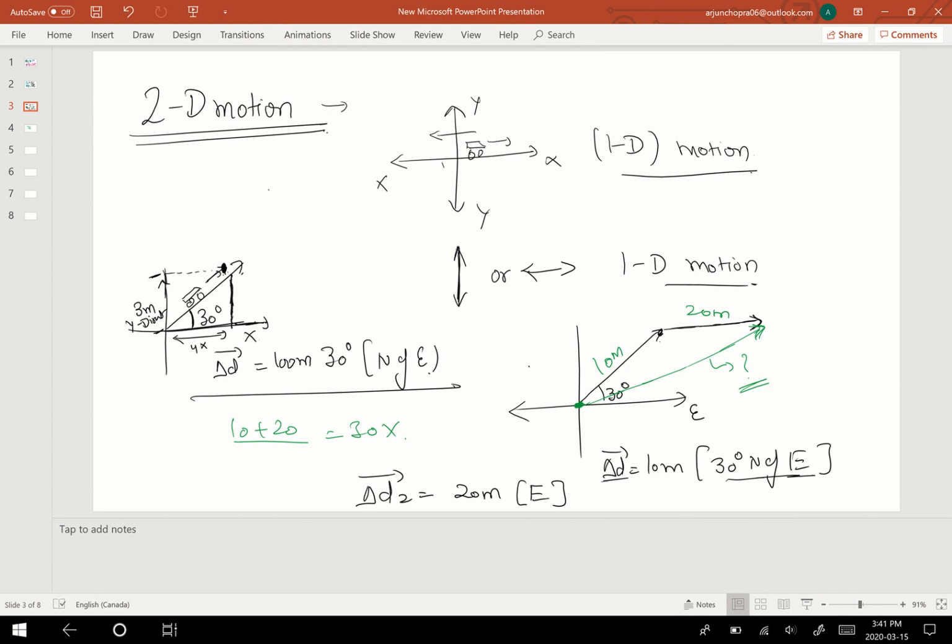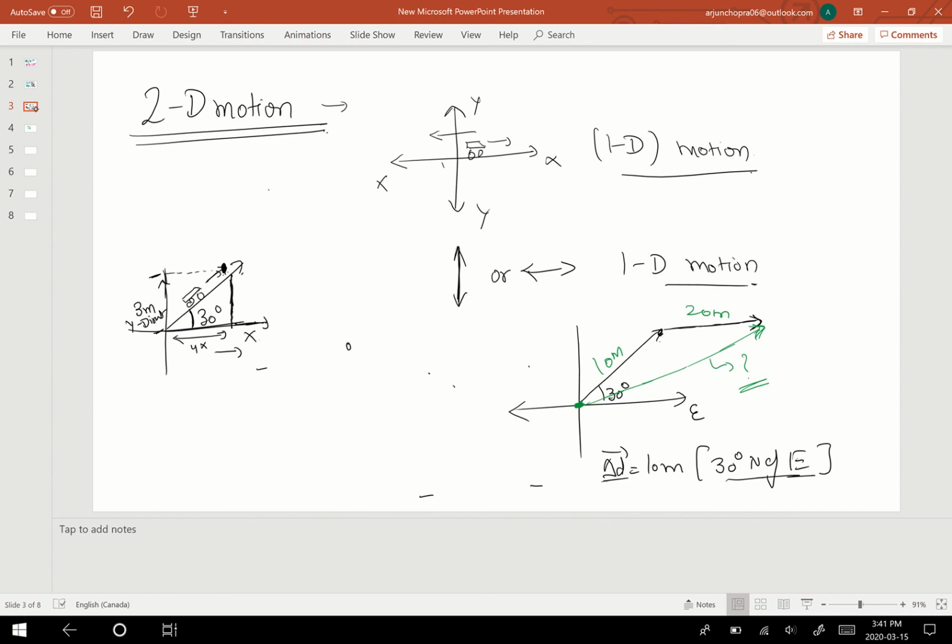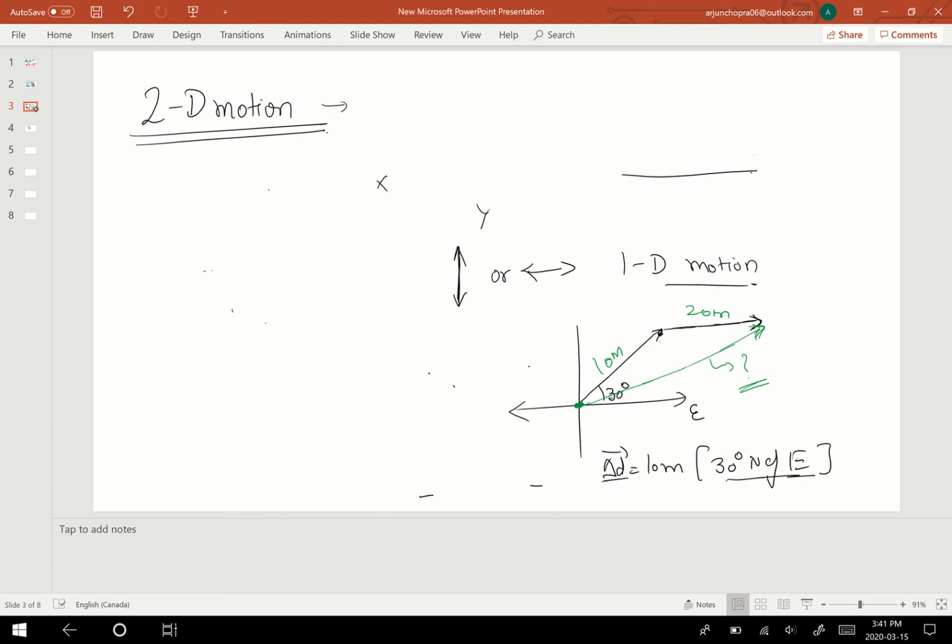Why can't I apply the Pythagorean theorem on this one? I'm going to erase this and make some space. Because this is not a right angle triangle. Notice you can only apply the Pythagorean theorem when it is a right angle triangle. A right angle triangle has one angle of 90 degrees.